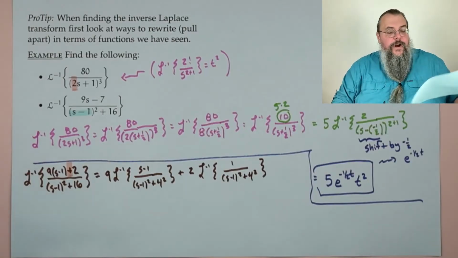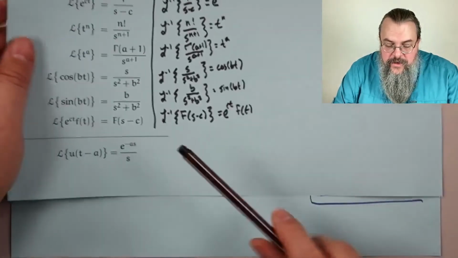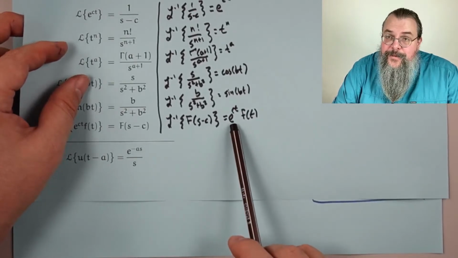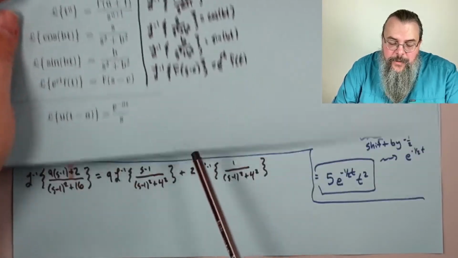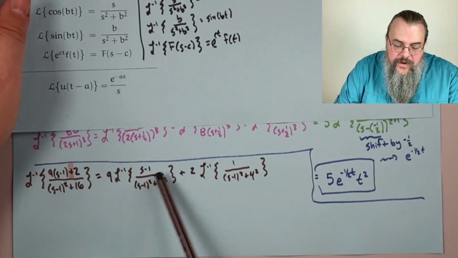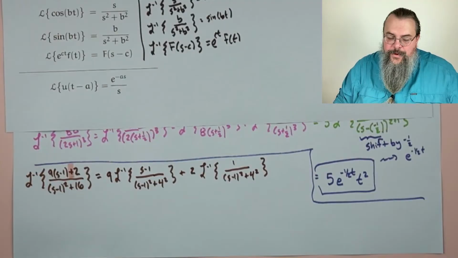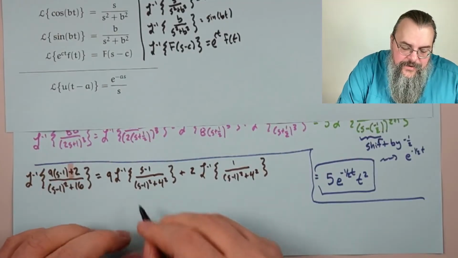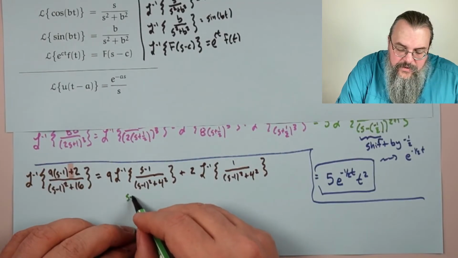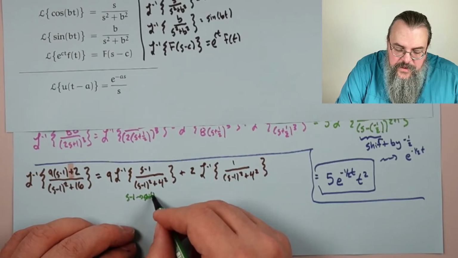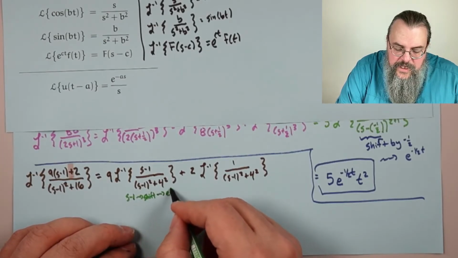All right, so we already know, because we're seeing s minus 1, we're going to have e to the t's. So for now, imagine that you squint for a second and say, okay, if there weren't any s minus 1s, what would you see? Well, our s minus 1 is going to be a shift, which means we have an e to the t.